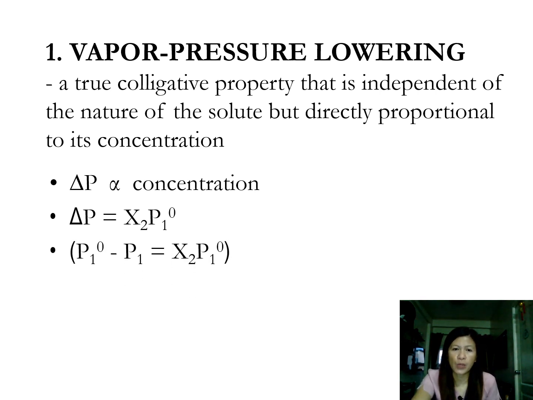In expanded form, we have the vapor pressure of the pure solvent minus the vapor pressure of the solvent over a solution equals the product of mole fraction of solute and the vapor pressure of the pure solvent. Or vapor pressure lowering is equal to the difference between the vapor pressure of the pure solvent and the vapor pressure of the solution or solvent over a solution.